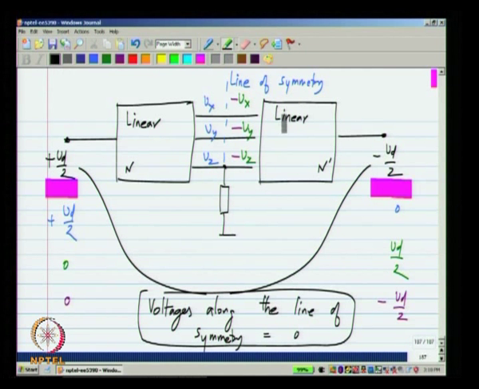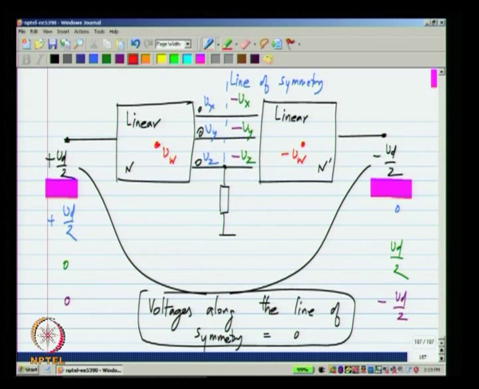Now, so these voltages will be 0, 0 and 0. Now, again because of symmetry and linearity, if the voltage at a particular node here is some Vw, the voltage at the corresponding node there will be minus Vw. Okay.